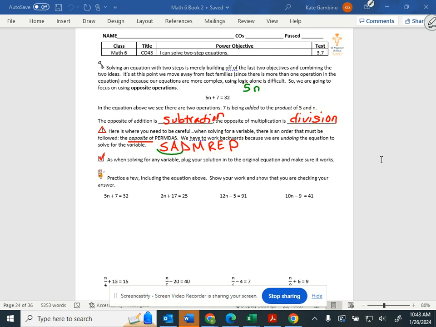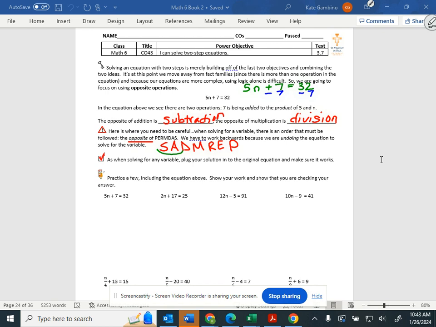So remember when we were adding or subtracting, how did we add or subtract out? So you're right, we're not going to take 32 subtract from 7. We're going to subtract 7 from both sides. So we have plus 7, we want to subtract 7 from both sides.